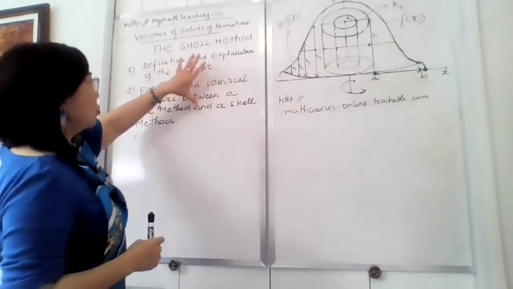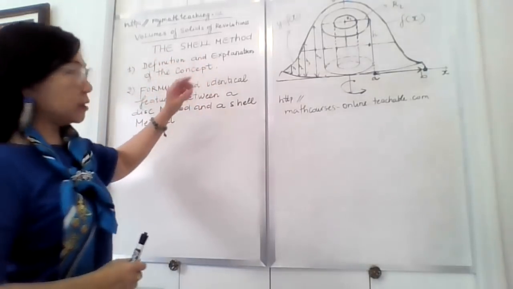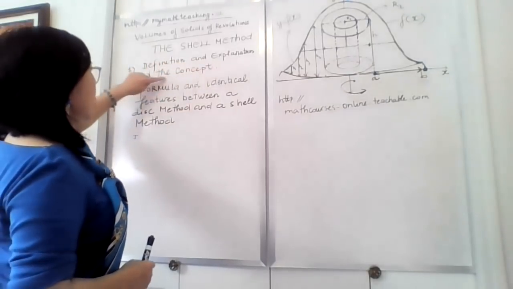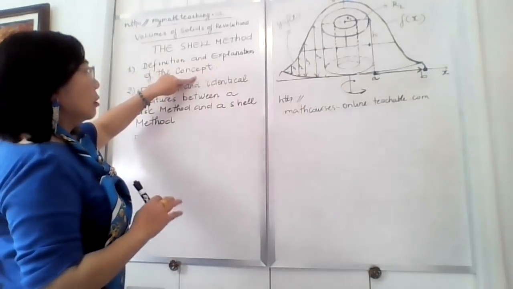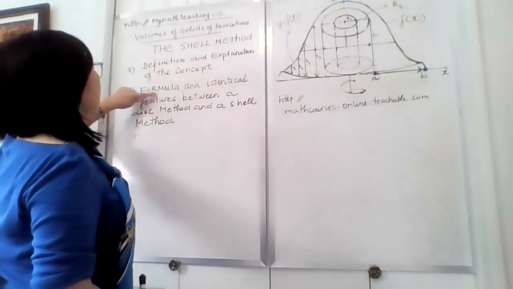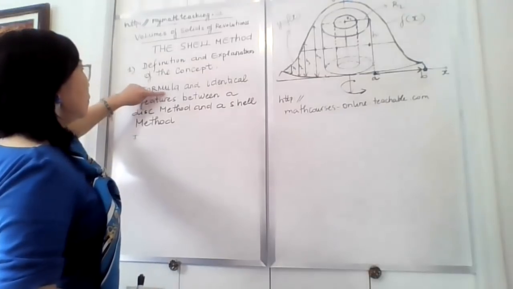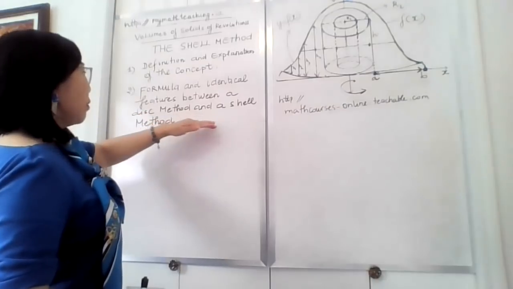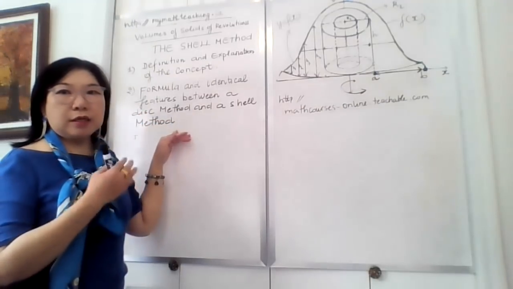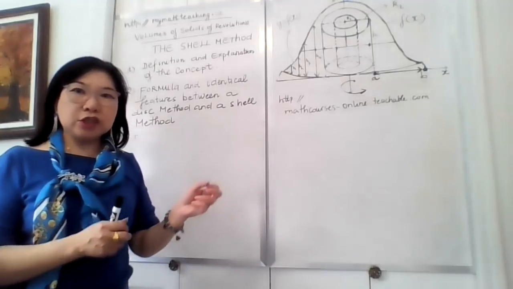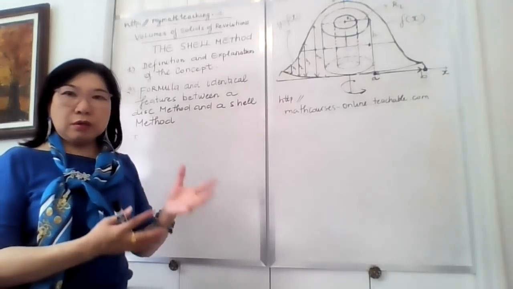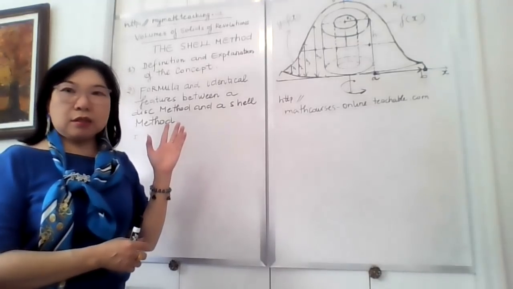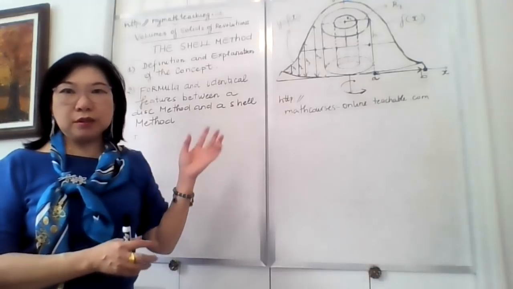First, let me read this today so that I don't wander around. There are two things I would like to explain in this lesson. The first thing, I would like to give you a definition and explanation of the concept as much as possible. Second, I will give you the formula and the identical features between this method and the shell method, so you can distinguish between the two thoroughly and don't mix up these two techniques in the future when we perform the task.